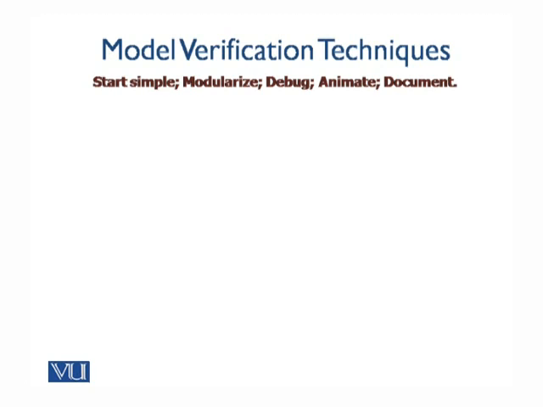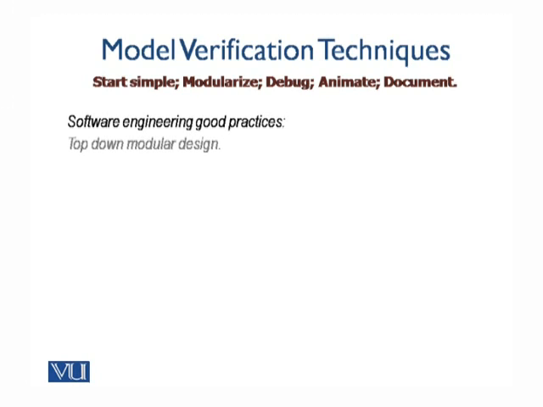I now offer an explanation of these very brief guidelines by talking firstly about software engineering good practices. The first thing is we should not go about creating the entire program in one go. We should have a top-down modular design in which, first of all, we decide on the structure of the overall program, to modularize the system so as to break down the overall complexity into manageable proportions.